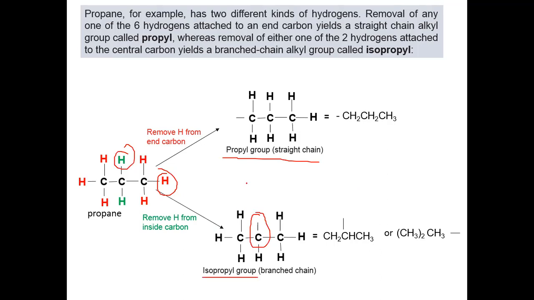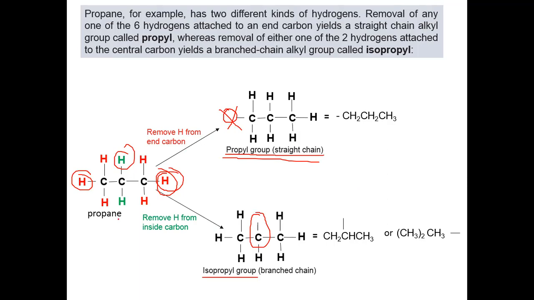Look, there are two different cases for removing hydrogen. In the first one, the hydrogen is removed from either end. Then you have this vacancy at the end of the chain, so there is no hydrogen here. Then it's called a propyl group, a straight chain.